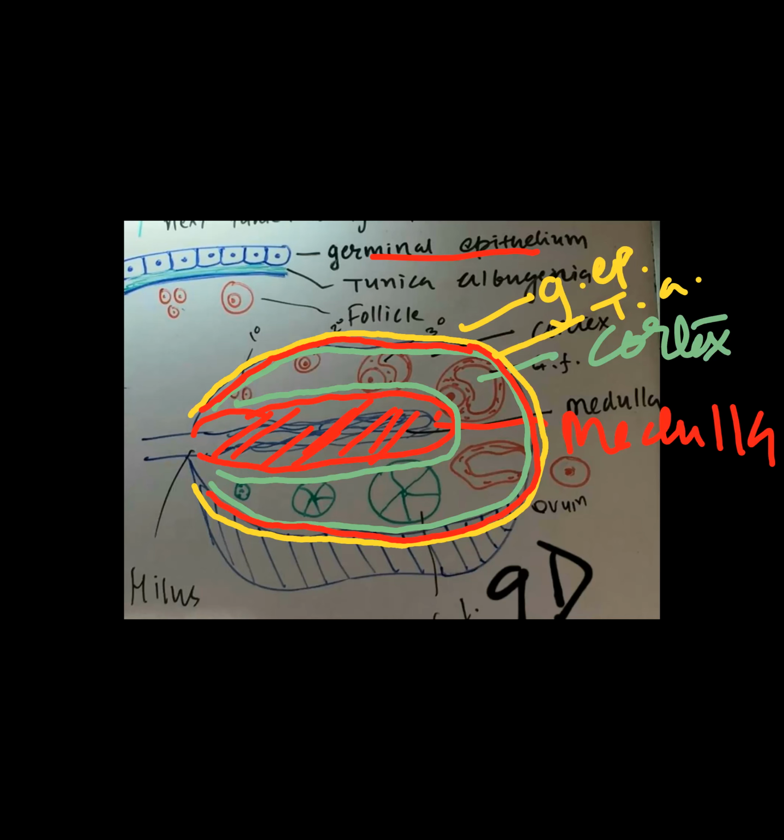In the medulla, mainly the blood vessels and nerves are supplying the ovary. The cortex is dominated by ovarian follicles at various stages of development. Then the outer cover is the tunica albuginea, and the outermost cover is the germinal epithelium. It is very important that the germinal epithelium is not inside, but outside the tunica albuginea.